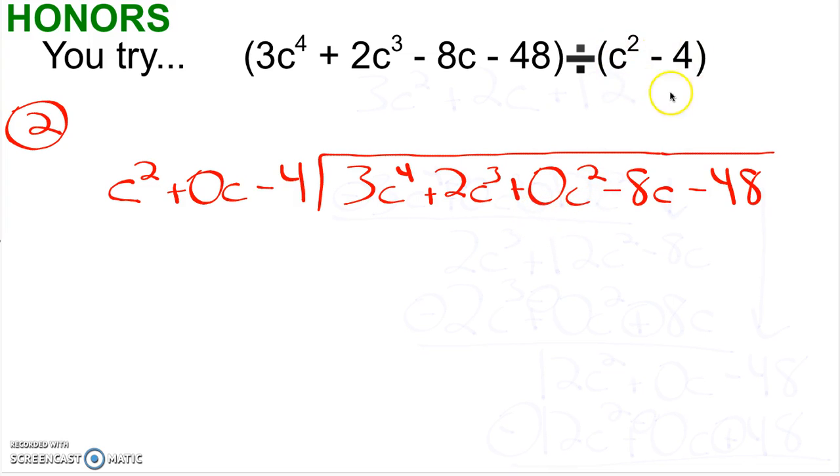And the same thing happened in the divisor. I'm missing a plain c term, and so I also filled that in with a 0c. This is challenging and will take some time, even for the honors students, but go ahead and try that, and we'll go over it in class. For the regular class, this is an optional problem.